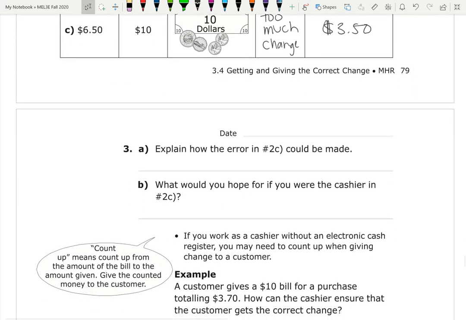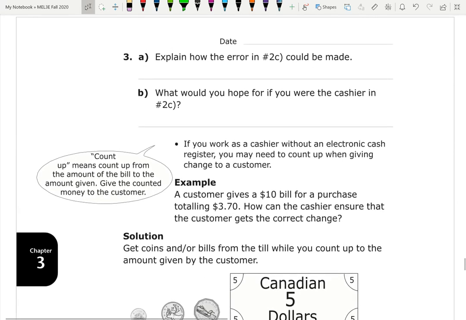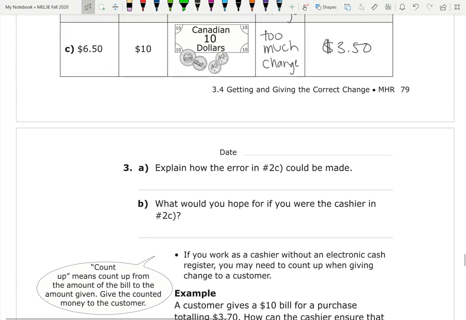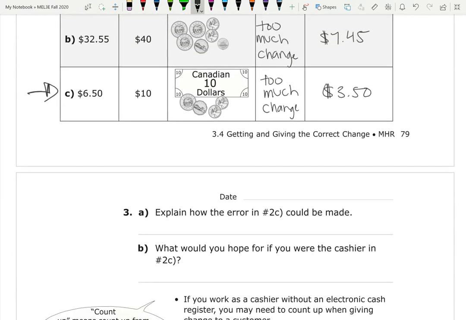At the top of the next page is asking us to explain how this error occurred. So how in the world did this cashier give back a $10 bill? Well, I think what happened was the customer paid with a $10 bill, and the cashier probably got distracted and was holding the $10 bill, and so thought that that $10 bill was part of the change to return to the customer.